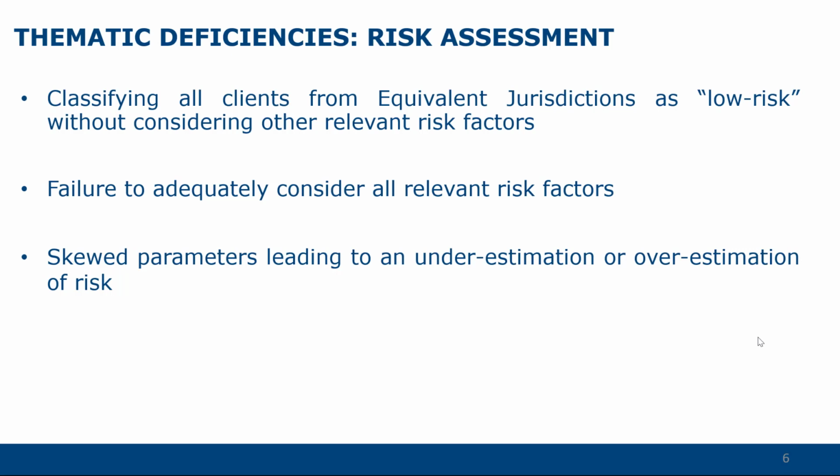The AML rules, the AML guidance notes, and the FATF guidance all require banks and TCSPs to ensure that all relevant risk factors are considered in risk assessment. Failure to consider all relevant risk factors may lead to inaccurate risk assessment. In the next slide, we are going to see an example where an entity failed to consider all risk factors.